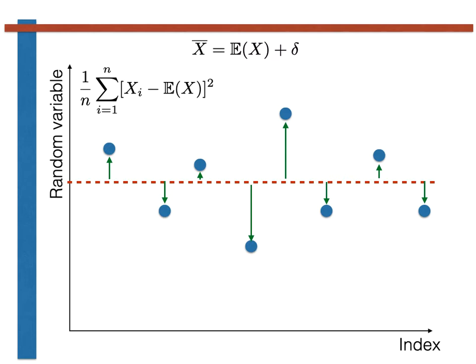It is straightforward to demonstrate that this is an estimator for the second moment of delta. To prove this, all I need to do is replace the random variable x here by the expectation of this random variable plus delta.